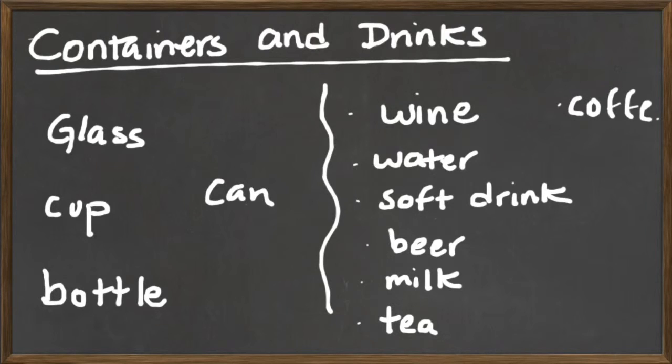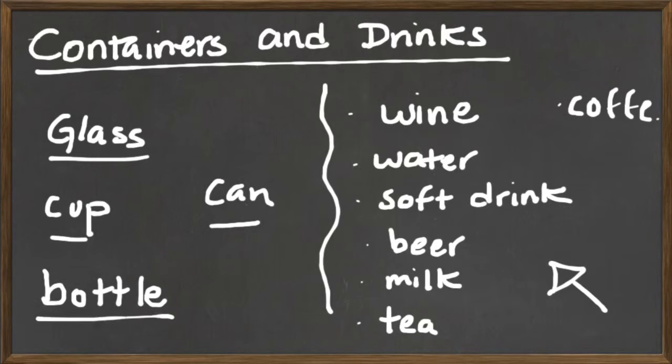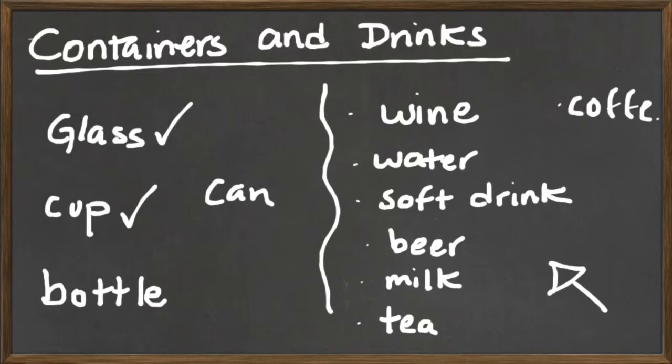Now, containers and drinks. I wrote 4 containers and some examples of drinks. Of course, you can put any drink in any of these containers, but I'm talking about the normal way they are displayed or sold to you. The first one is glass, cup, can, and bottle.